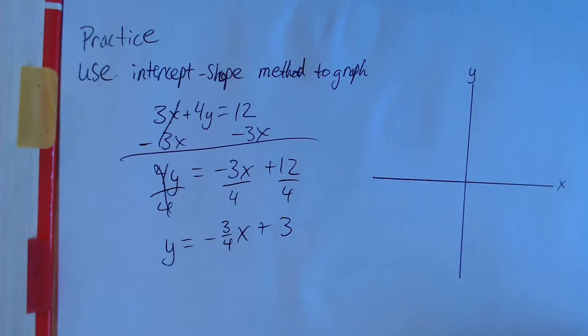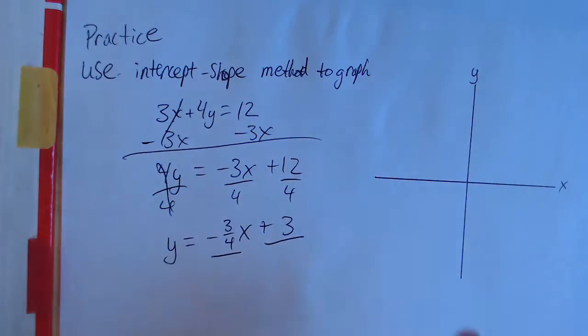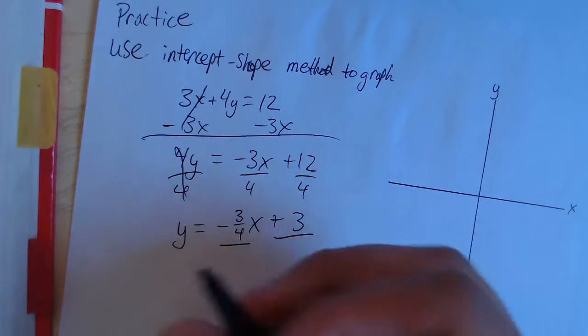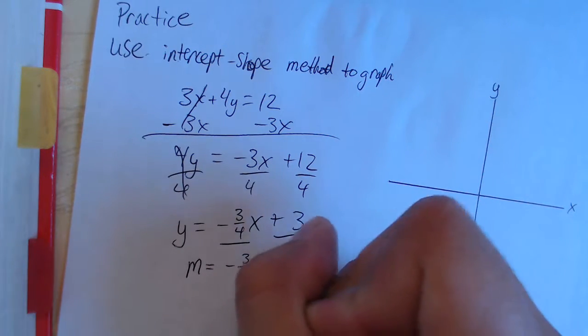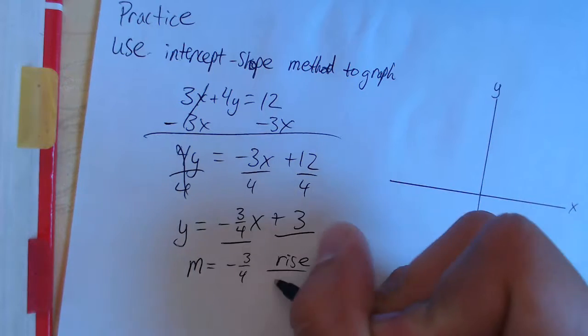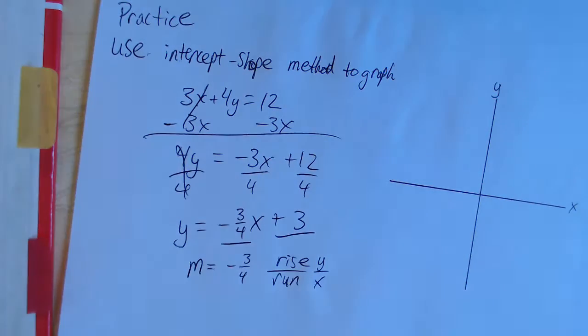Now, to use the slope-intercept method, we're going to use our knowledge of this number and this number. This number, the coefficient of x, is referred to as our slope, or m. So m is going to be equal to negative 3 over 4, and that's also written as the rise over the run, or the y over the x.